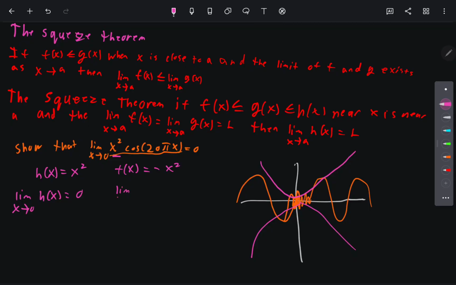The limit as x approaches 0 of f of x is also equal to 0 using direct substitution. If we know we have this value L for this function that is going to lie entirely in between these other two functions, we know that L must be equal to 0, thus showing that x squared cosine of 20 pi x is equal to 0.